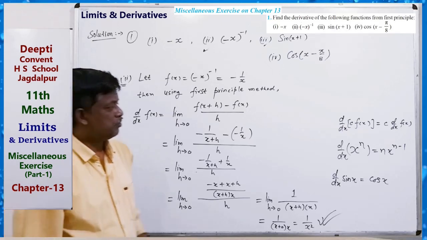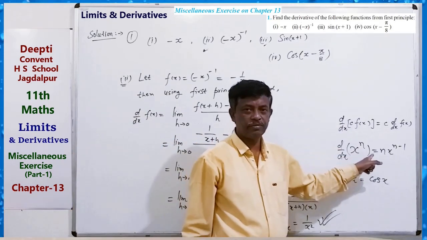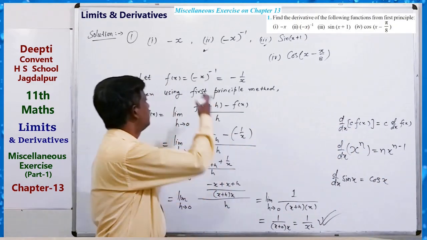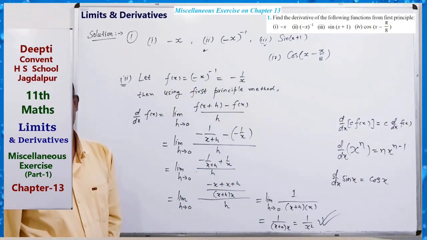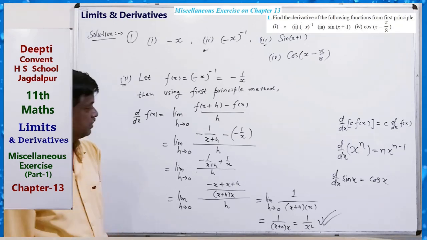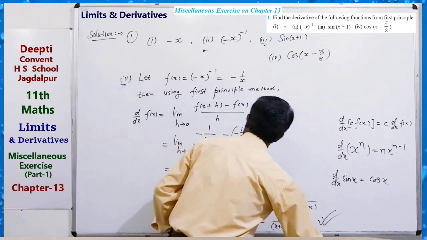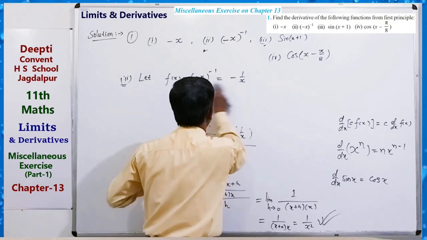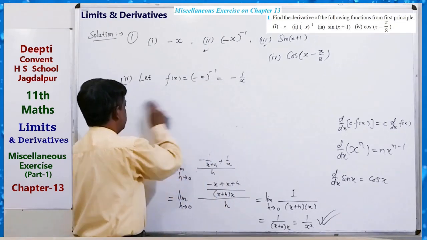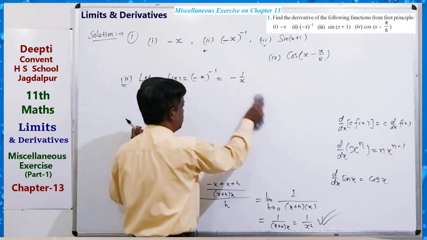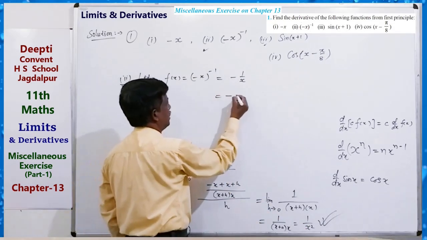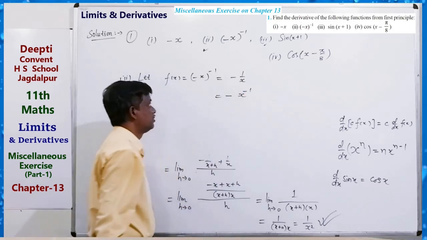Okay. This formula can also be used for negative powers, and here we can also use this. Just like suppose we are writing f(x) = minus x to the power minus 1.